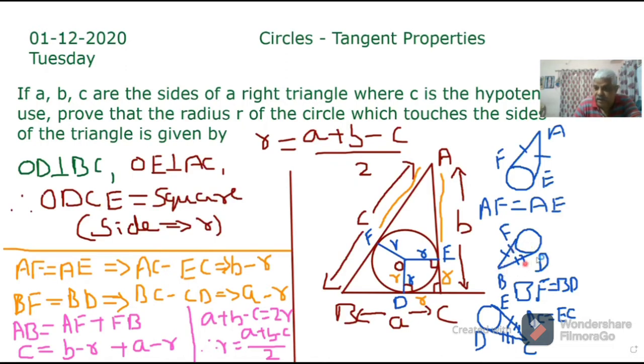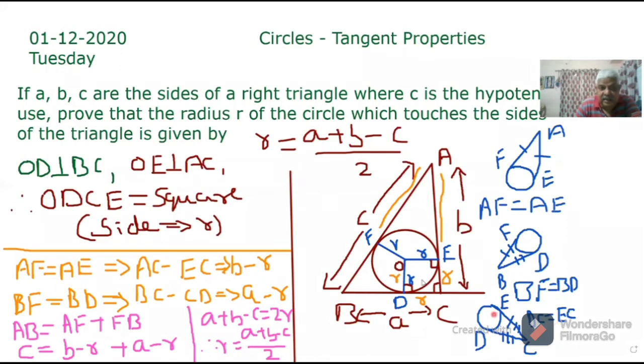Therefore, BF and BD are the tangents drawn to the same circle from the external point B, so BF and BD are also equal. Next, third one, I considered C as the external point. EC and DC are the tangents. Therefore, DC and EC are equal.